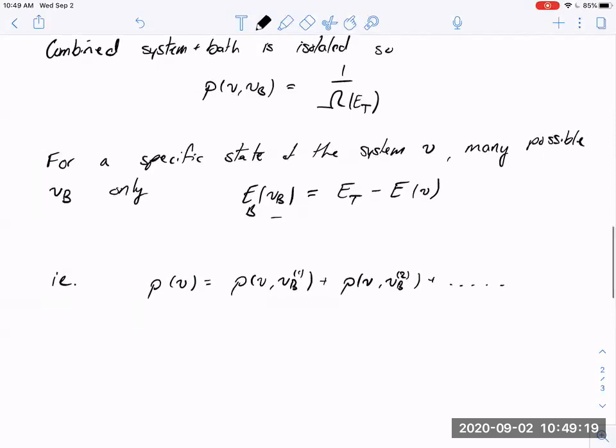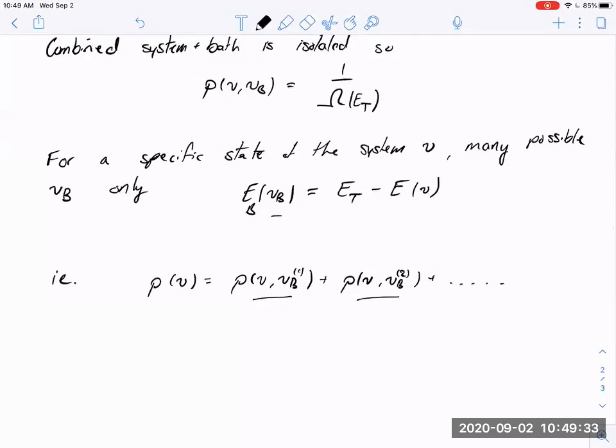Because this combined system, the combined box, which is specified state of the box, which is the system plus the bath, is itself an isolated system, all of these probabilities are equally likely, so they're all just a constant. So the probability of the system, therefore, just depends on how many terms are in that sum.